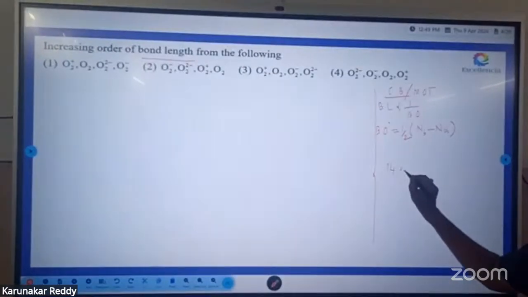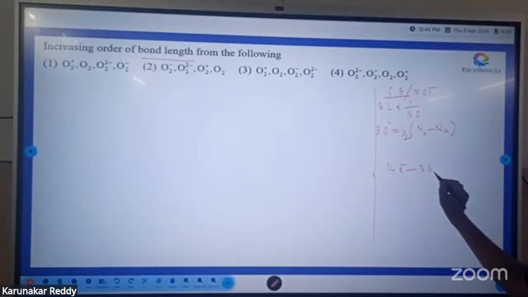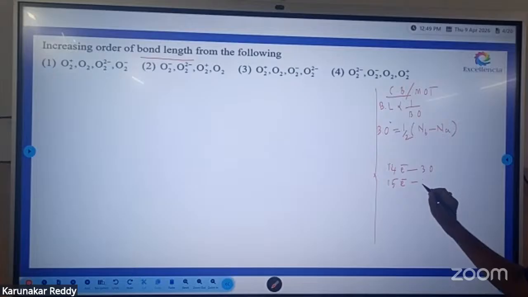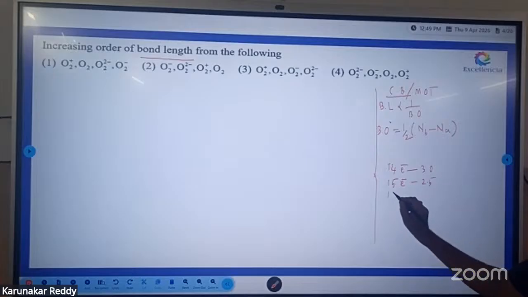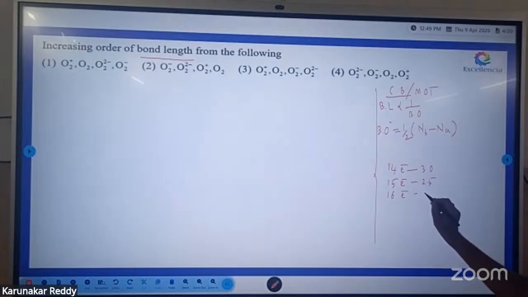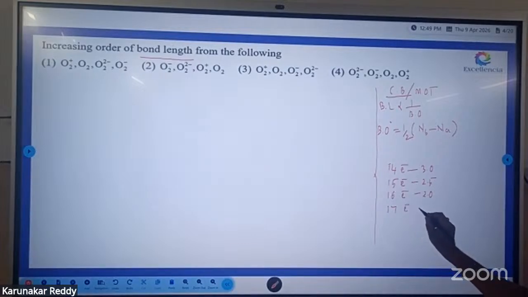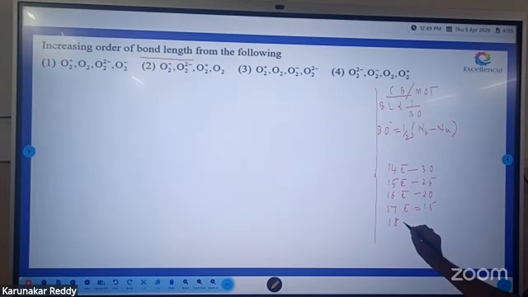Let us say a molecule has 14 electrons, then the bond order is 3.0. If it possesses 15 electrons, it is 2.5. If it possesses 16 electrons, it will be 2.0. If it possesses 17 electrons, the bond order is 1.5. If there are 18 electrons, then the bond order is 1.0.